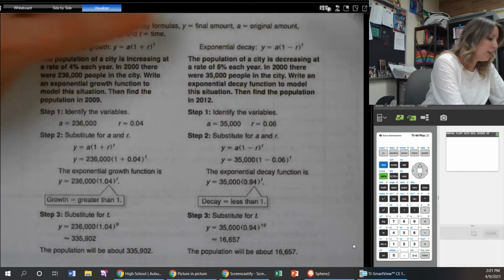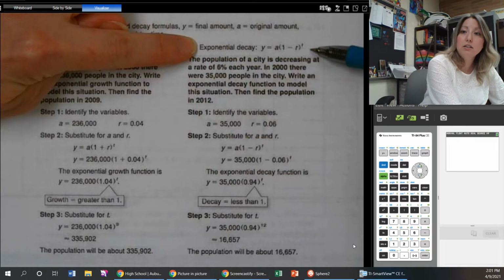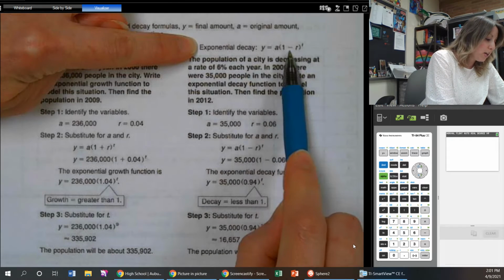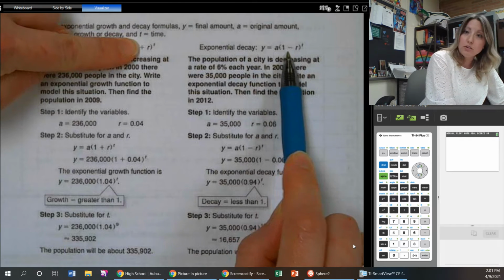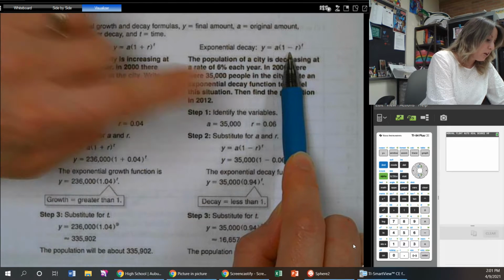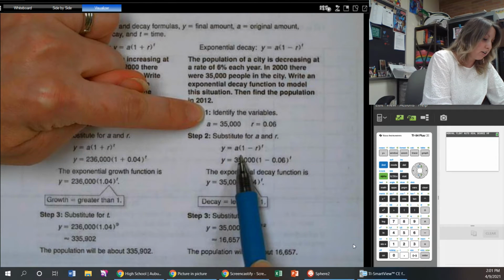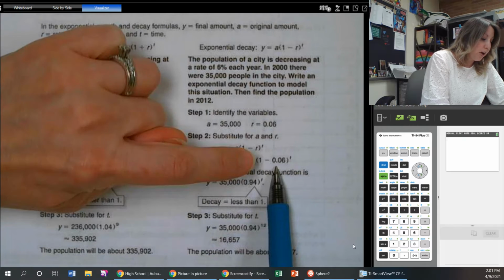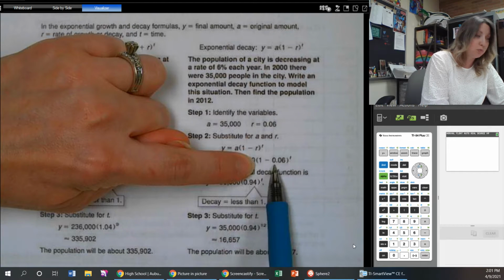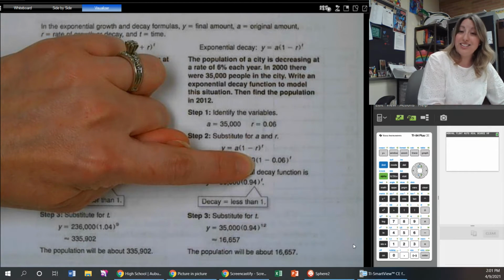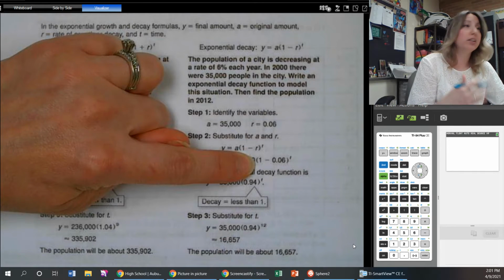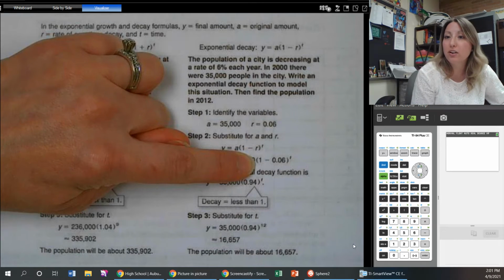Okay. Over here, we're talking about the population of a city decreasing. And notice we use the minus sign when we're decreasing. Okay. So we still plug in our a and our r into the general formula. You can, of course, actually do the subtraction here. I didn't in the last video because really I was just plugging into my graphing calculator. I didn't need to do that.